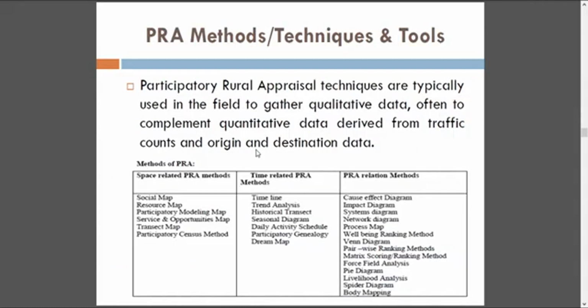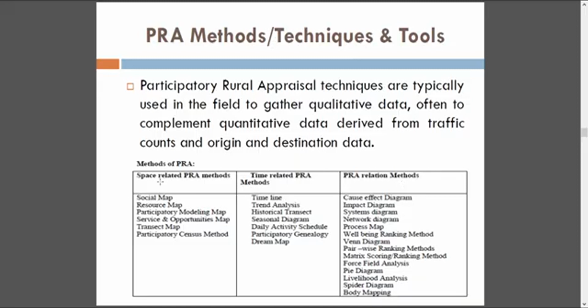so for participatory methods and techniques or tools, we realize that we have methods divided into space related methods, time related methods, and PRA methods.